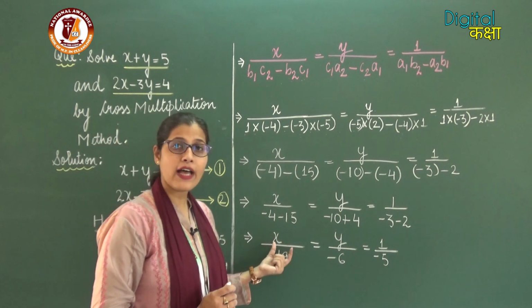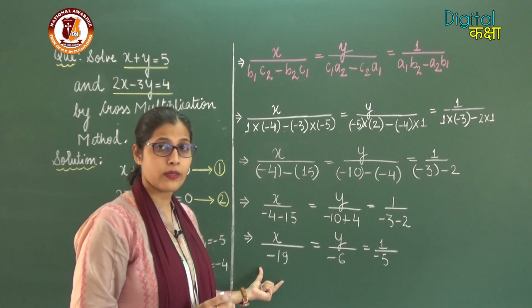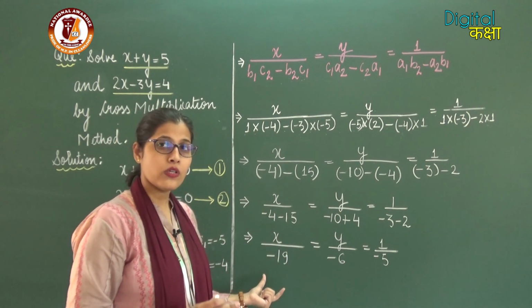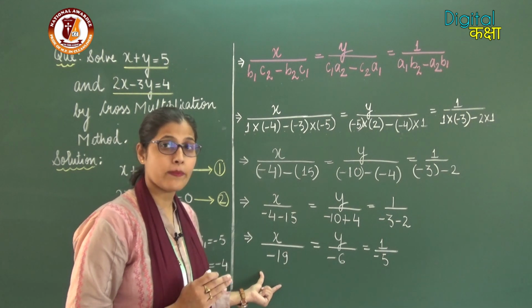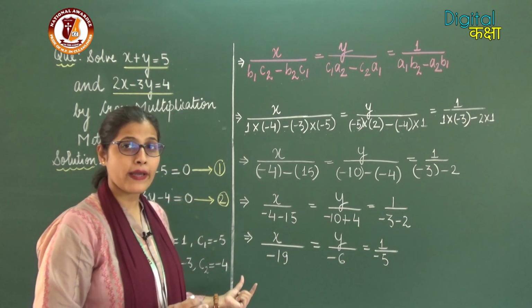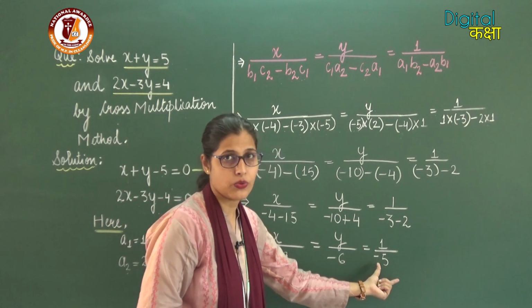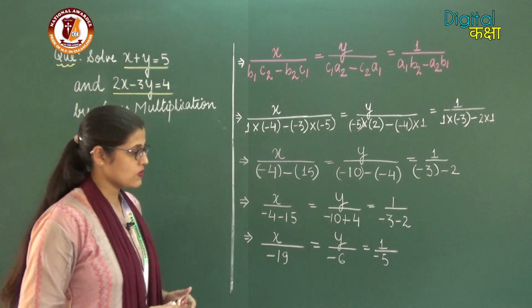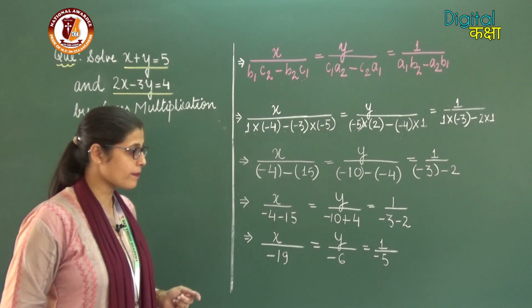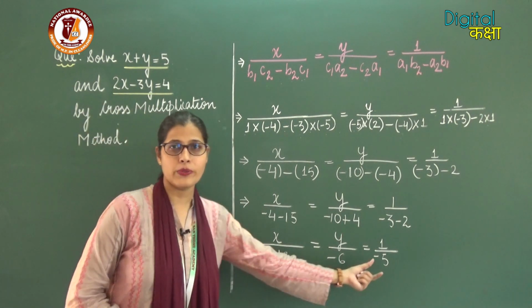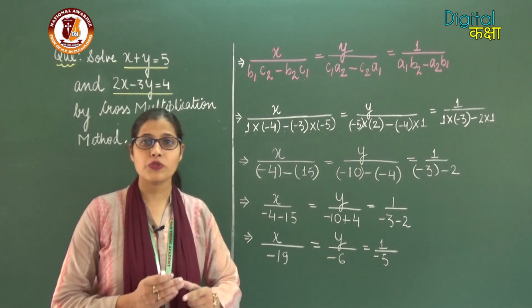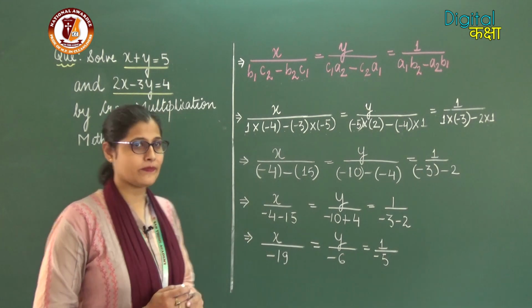To get the value of variable x, we will be comparing the first ratio by the third ratio, which is the constant. So, let us compare the first ratio by the third ratio to get the value of x.